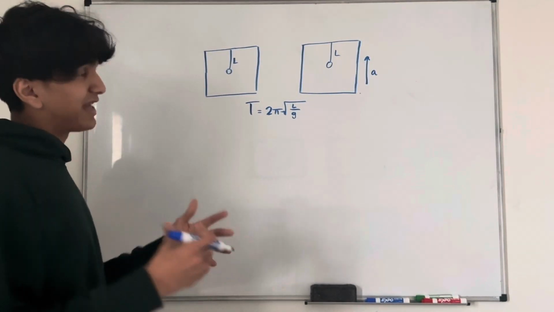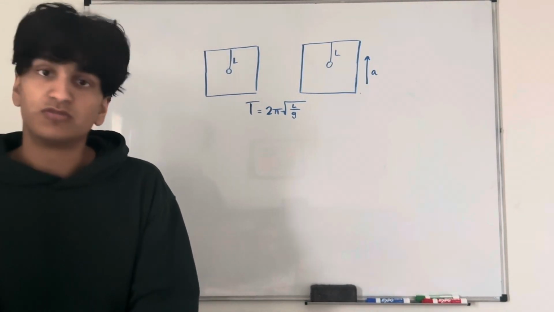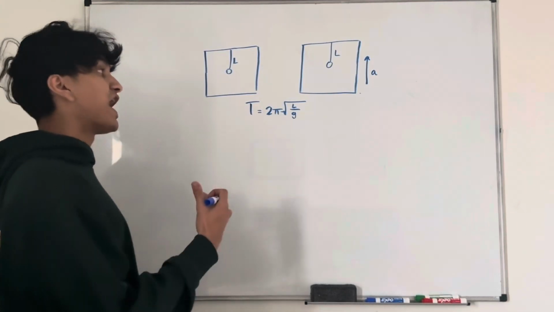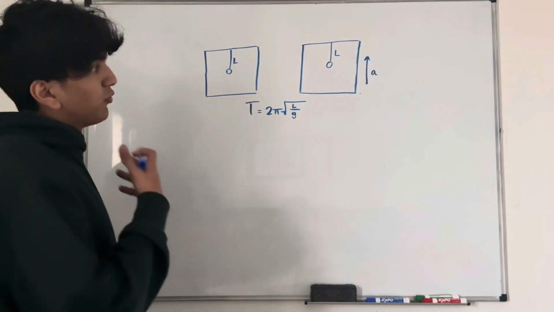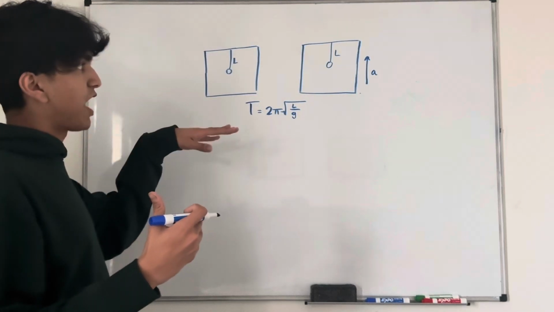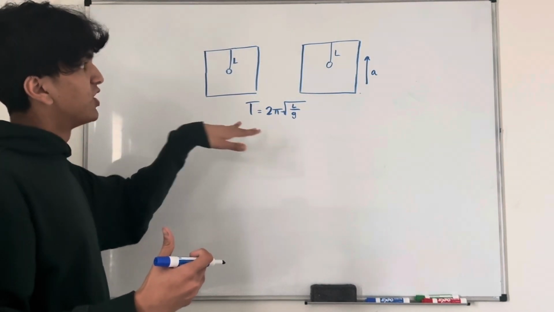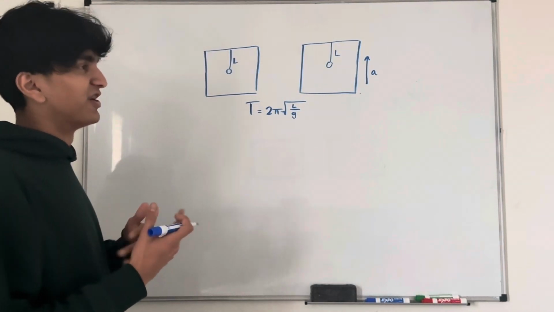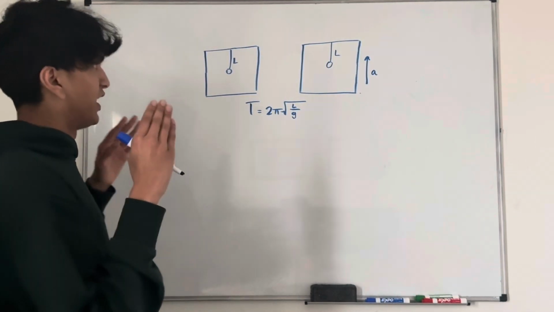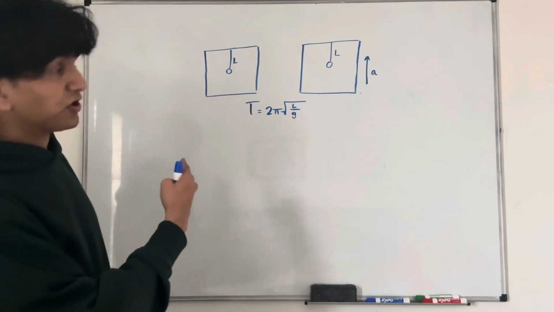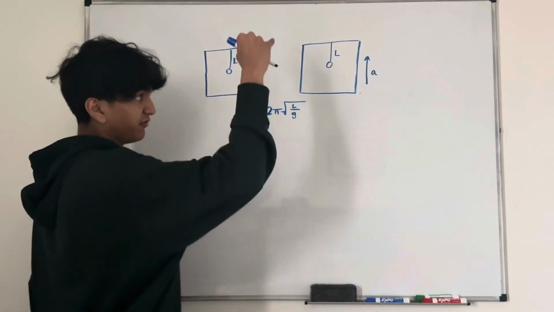The way I thought about this, and maybe you thought about it differently, is that you've got to look at your frame of reference. Let's say we're watching this unfold from the ground, not accelerating either, looking at the box and the elevator.